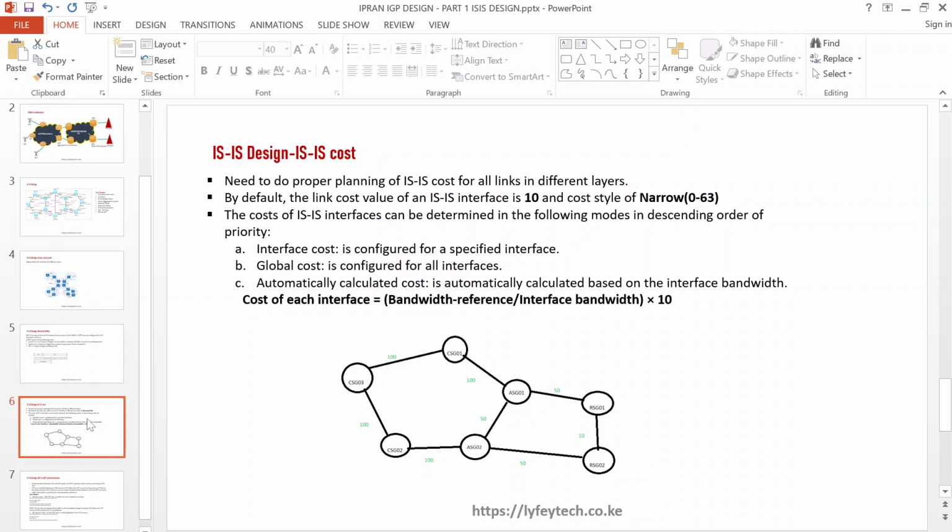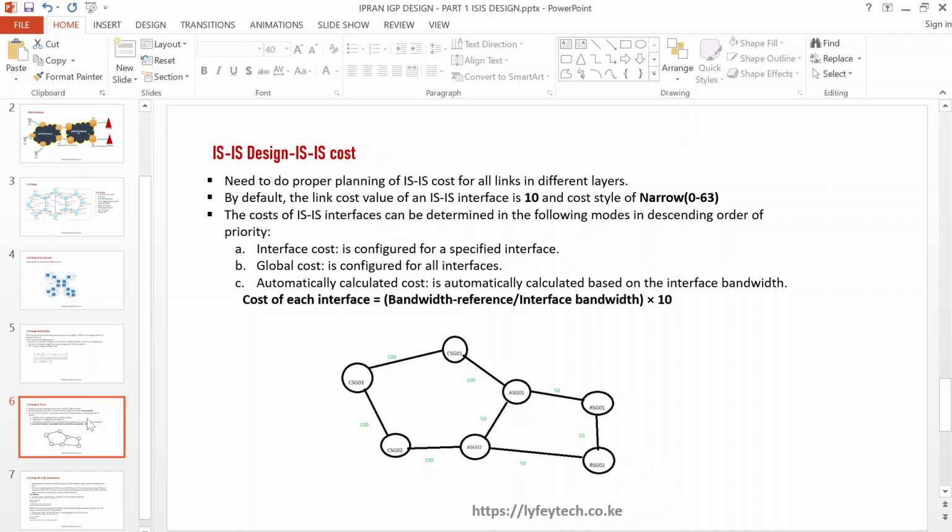And many times we change the cost style to wide so that we have a big range of the values. Remember, the wide one goes up to around 6 million. So when you are doing cost planning, you have the flexibility of configuring higher cost up to 6 million as compared to the narrow one, which is limited from 0 to 63 only.